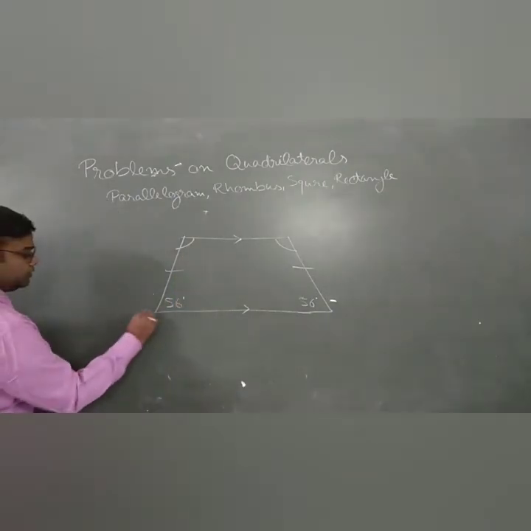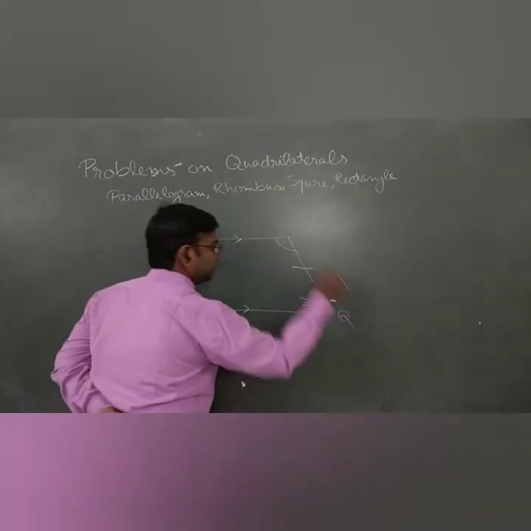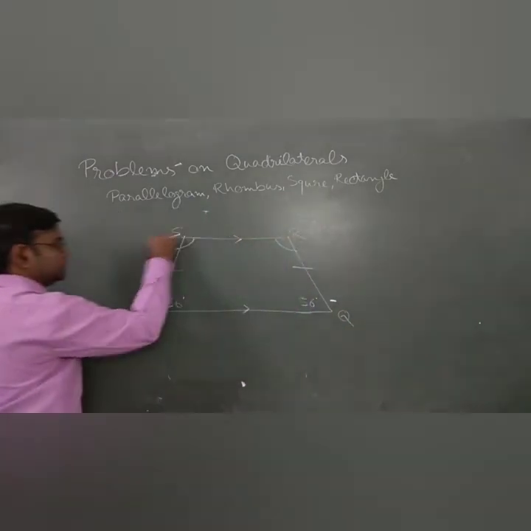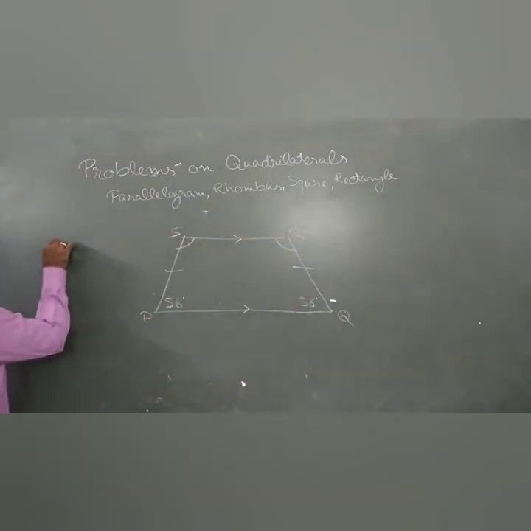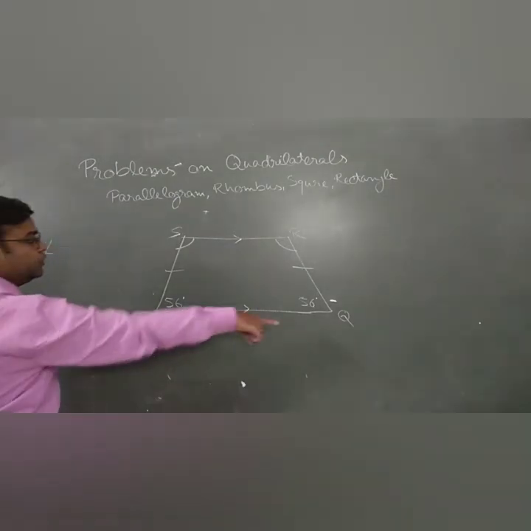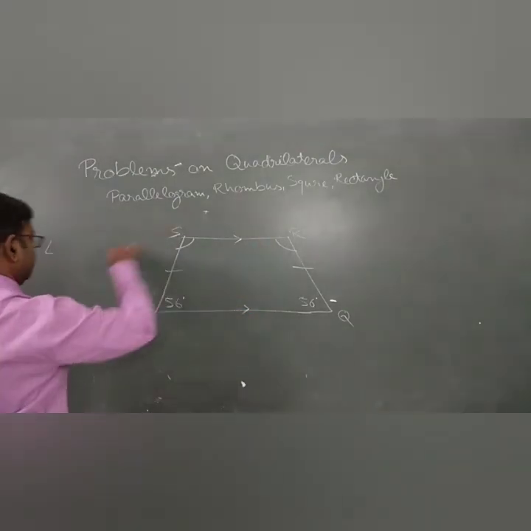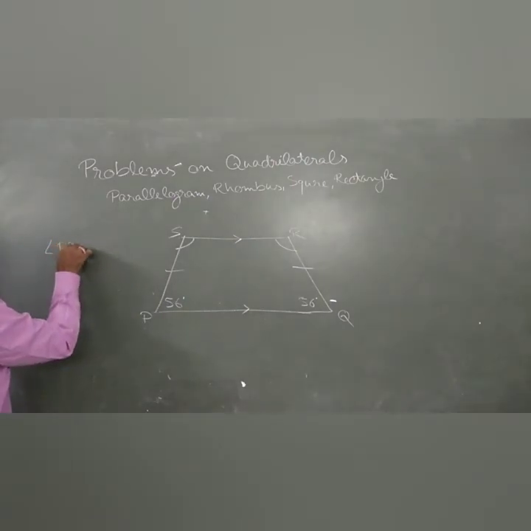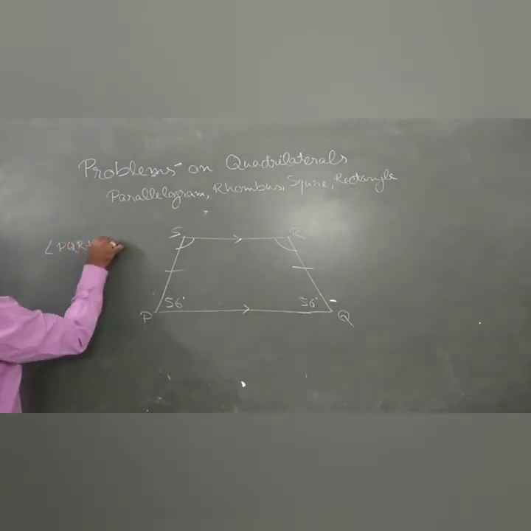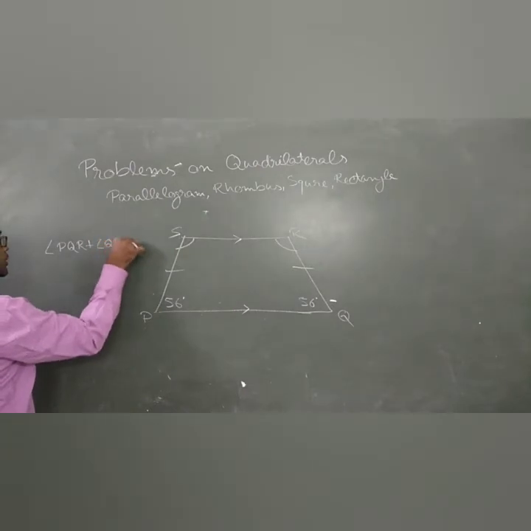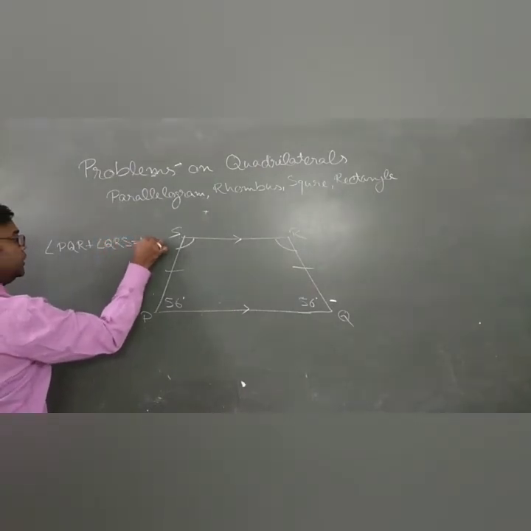Let me give names, PQRS. So the sum of angle PQR plus angle QRS equals 180 degrees.